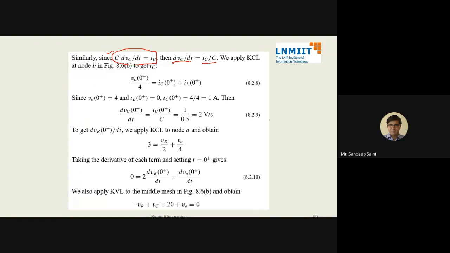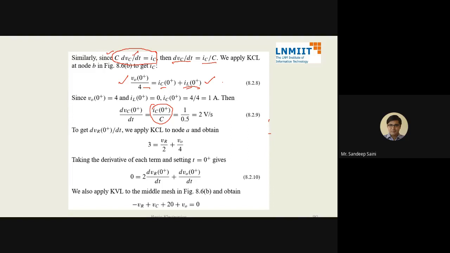We got that VO is equal to IC plus IL. We applied KCL at that node. When we applied that KCL, I have this value and this value, I will put them and I will get IC at 0 plus. Once I do that, then we can get dVC by dt also.